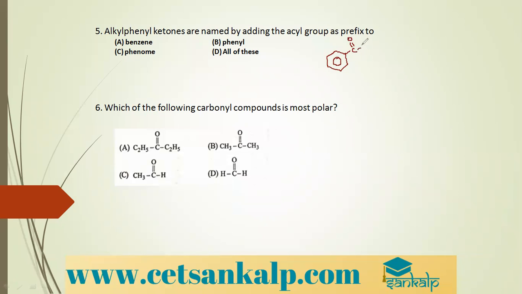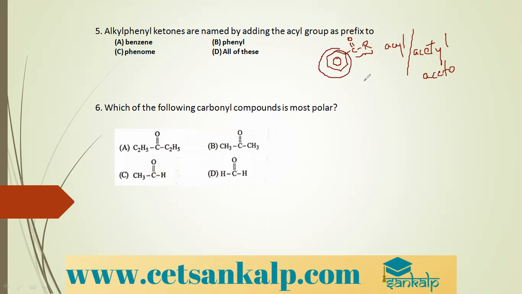So ketone is there and there is an alkyl group. They are named by adding the acyl group, correct? Our CO group is nothing but acyl group. So they are named by adding the acyl group as a prefix to what? You can call it acyl, or acetyl. What is this termed as?